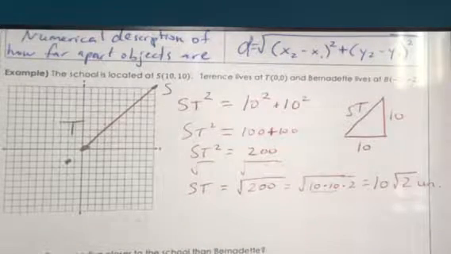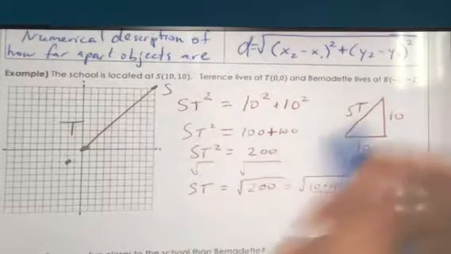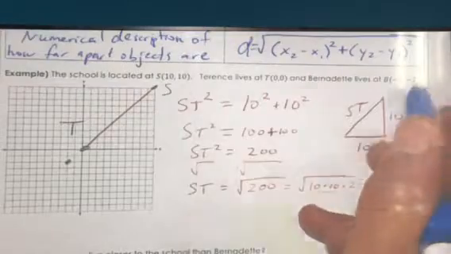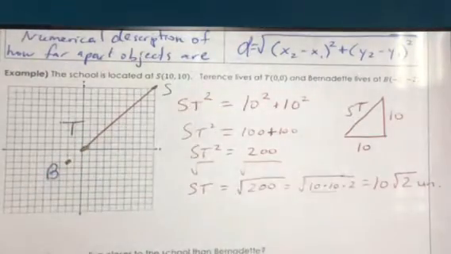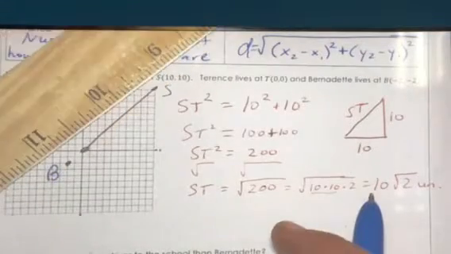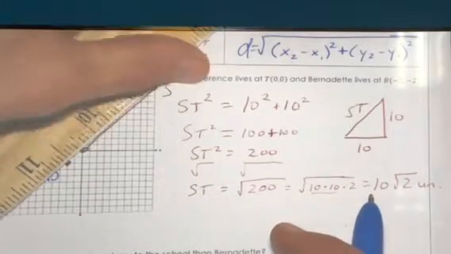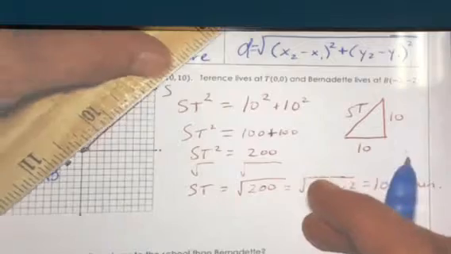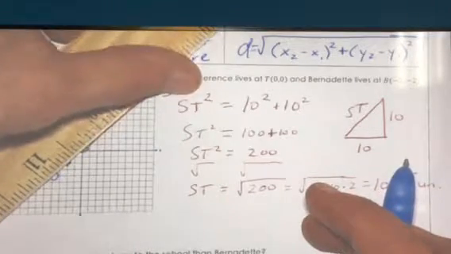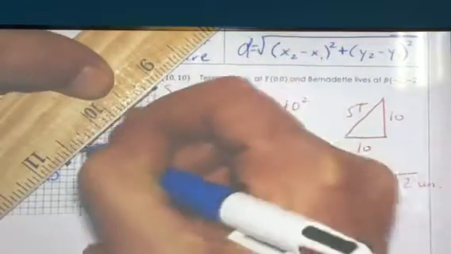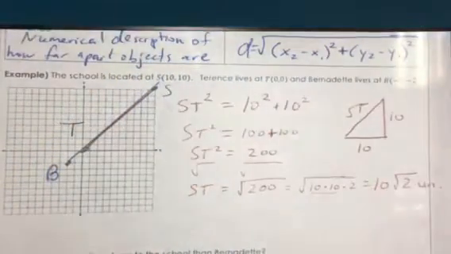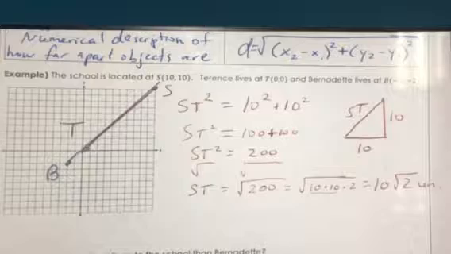Now we look at Bernadette. So Bernadette lives at -2, -2. She lives here. And now we have to figure out how far she is from the school. So I'm going to draw her line in blue. I'm going to do this on a separate sheet of paper real quick.